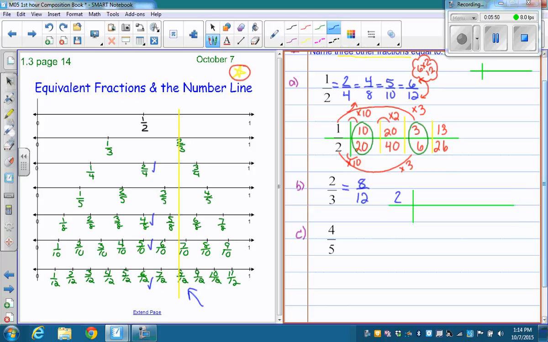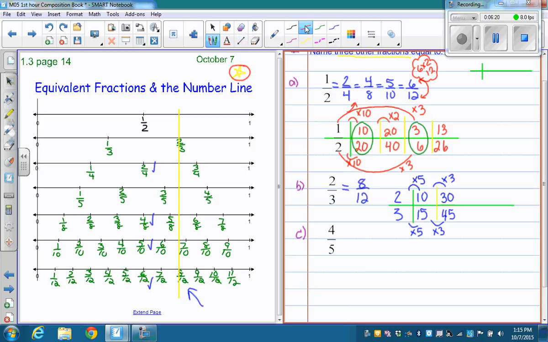So if I want to find other fractions equivalent to 2/3, I'll just build it in the ratio table. Maybe I'll multiply by 5. That's an easy math fact, so this is 10/15. Or maybe I will triple, and that would give me 30/45. All of these are equivalent fractions to 2/3.